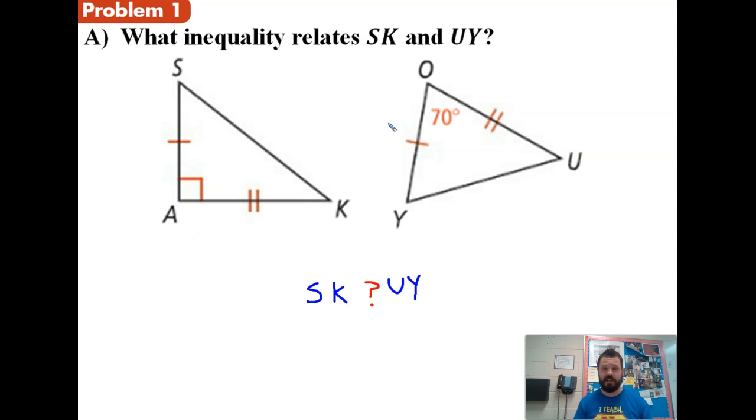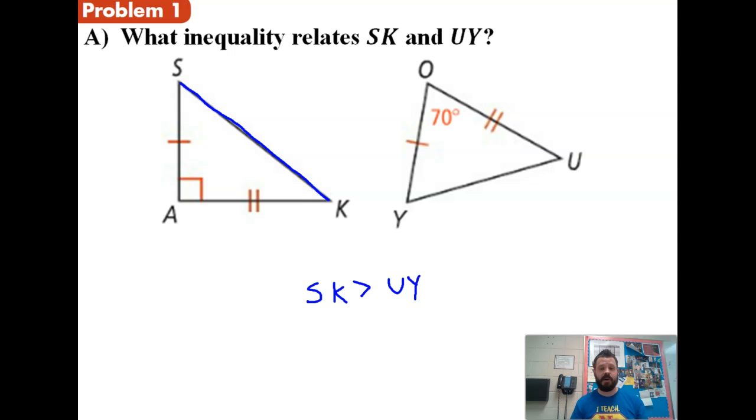A is 90, O is 70, so A is greater than O. The theorem said that since A is the bigger included angle, the side across from it, SK, will be the bigger of the two third sides. So since A is greater, SK will be greater as well. SK will be the longer of the two sides. That's our hinge theorem in action.